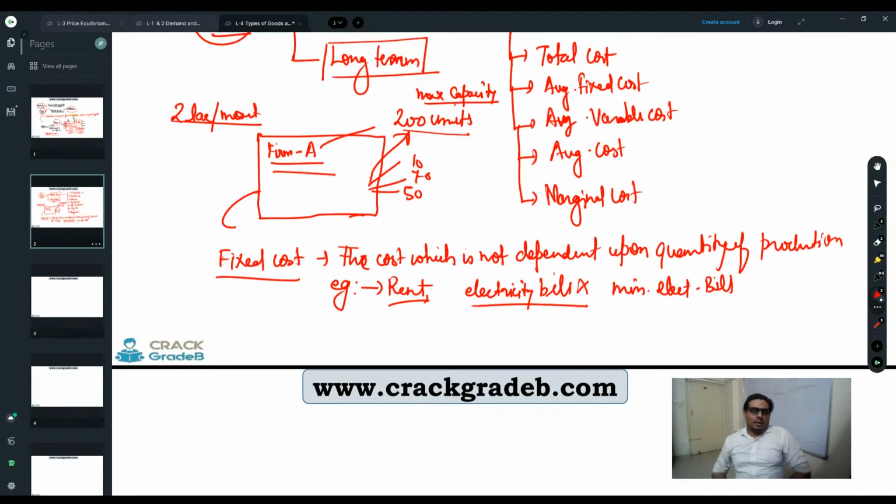Fine. I hope this is not very complicated. It's very simple. Sometimes fixed cost gives immense benefit to the firm, and sometimes this fixed cost is burdensome. For example, during the COVID times, the government went for complete lockdown, from 21st or 22nd of March 2020.